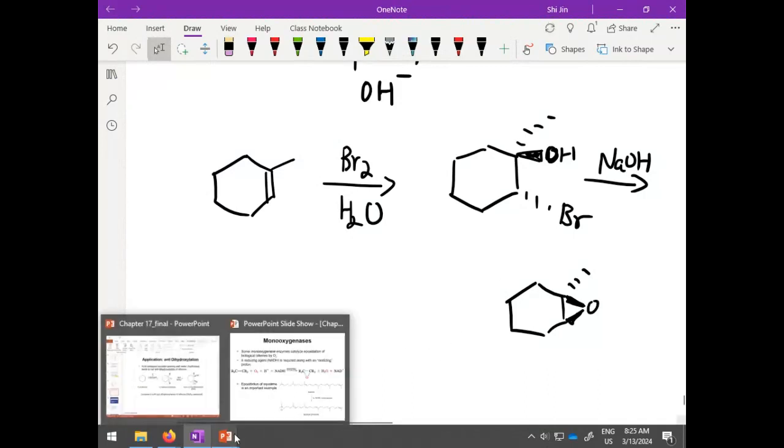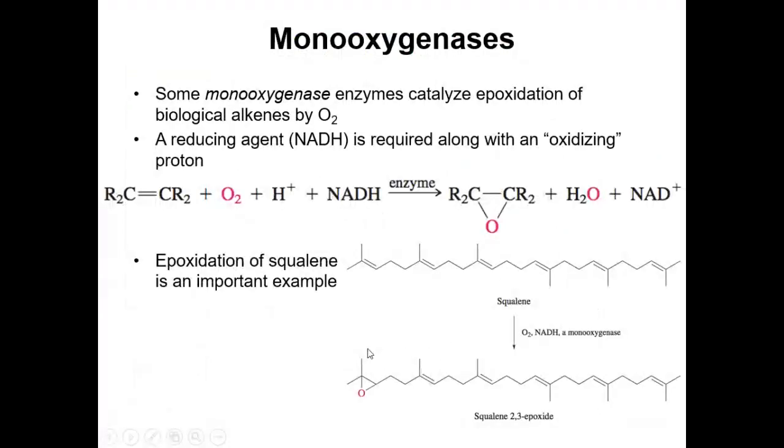So in a biological system, you don't have those strongly basic or strongly oxidative species. In a biological system, epoxide can be formed under the catalysis of an enzyme, and the oxidation agent is the most abundant oxidation agent on this earth, the oxygen in air.